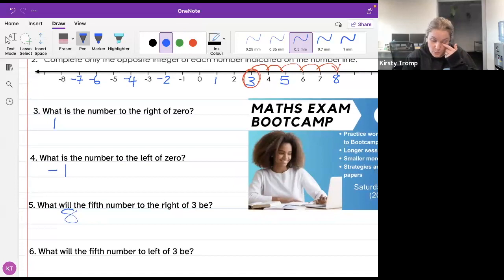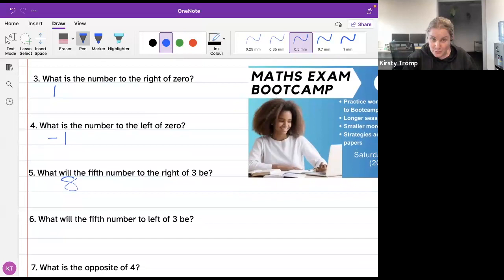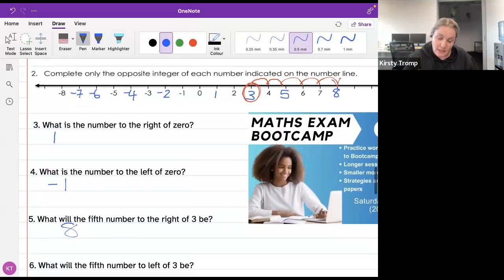Now it says, what will the 5th number to the left of 3 be? So let's go to the number 3. Let's circle him again, in green this time. We need to go 5 numbers to the left of 3.